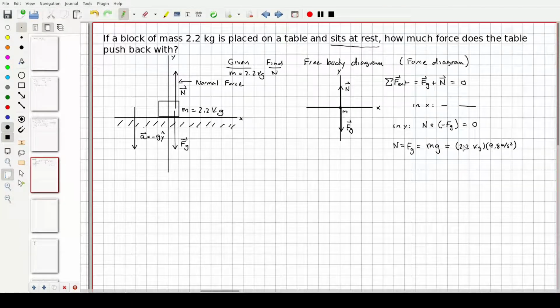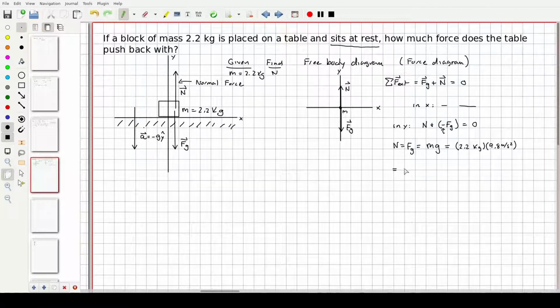Now, you may ask yourself at this point, oh, hold on, what about the negative sign here? Well, we've already taken into account direction right there. There is no negative anymore. Okay, it's already been dealt with. So here, the normal force is going to push back with this much force. 2.2 times 9.8.